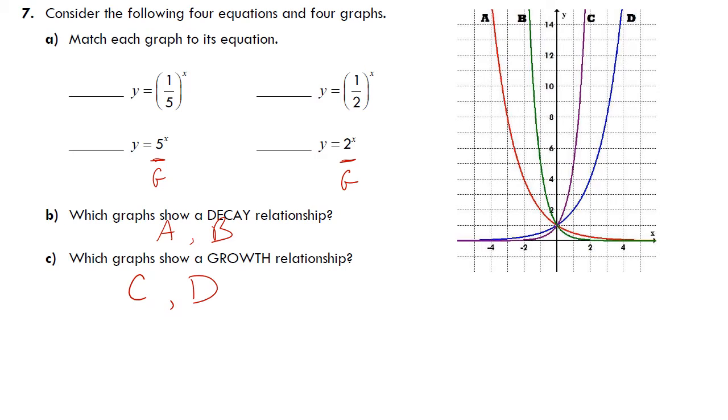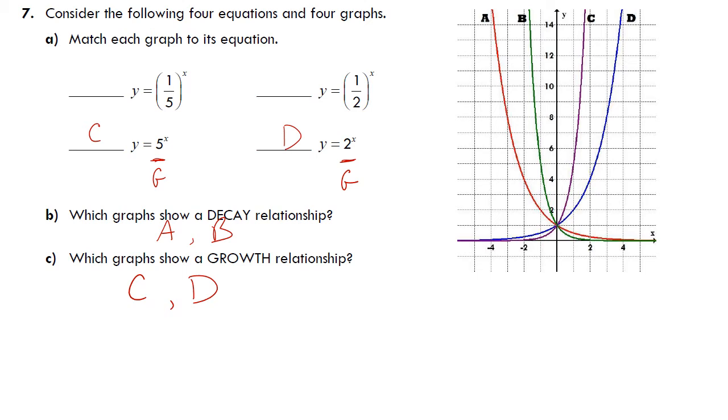Hopefully you're thinking C, so C is steeper. The bigger the base, the steeper it is. So C, which is the purple one, goes with 5 to the x because 5 is a bigger base than 2. And that means D goes there.